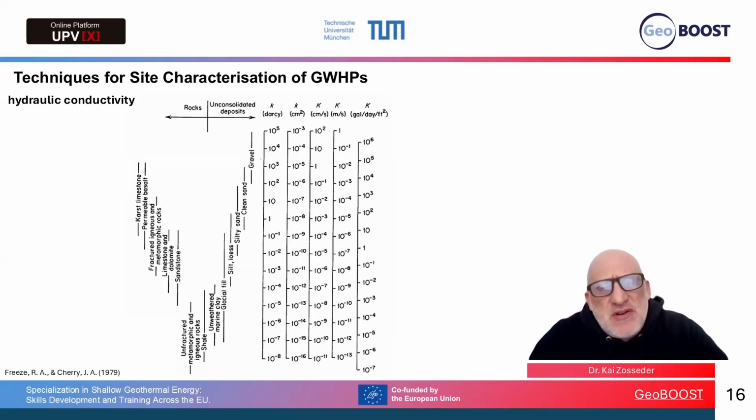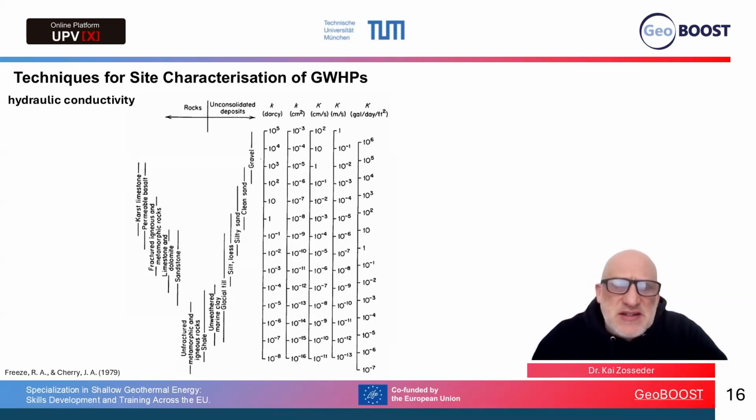So how much water can flow through my rock depends quite a lot on the grain size of our rock, so the grain size distribution, especially in unconsolidated rocks. If we have a larger grain size, and this is quite clean, so there's not a mixture with other grain sizes, then we have a higher porosity and also higher hydraulic conductivity in general.